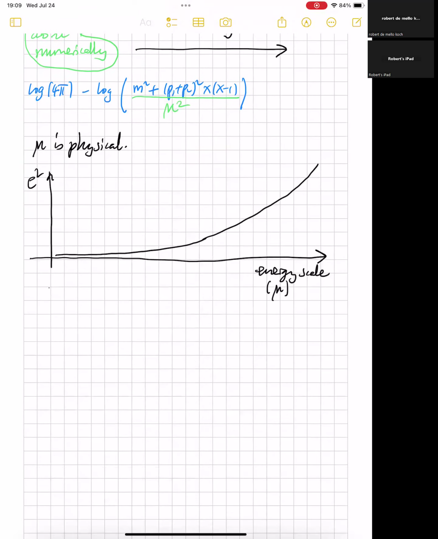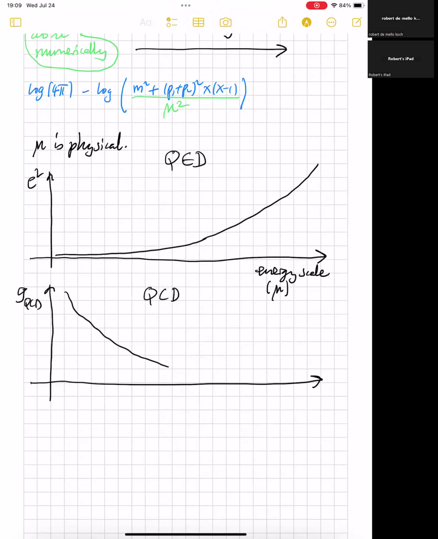It doesn't always have to behave like that for other theories, like, for example, for QCD, okay? So this would be for something like quantum electrodynamics. If you were studying quantum chromodynamics, the quantum field theory for the strong charge, then we have a coupling, the QCD coupling, and what you find is at low energies, it's very big, but it becomes very small at high energies. This fact that the coupling constant becomes small at very high energies is called asymptotic freedom.